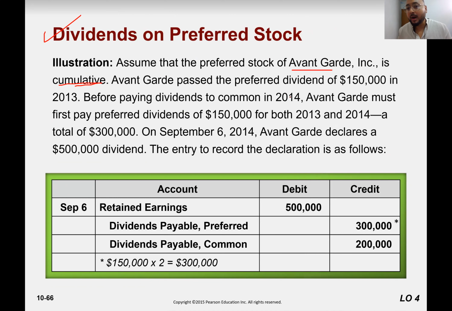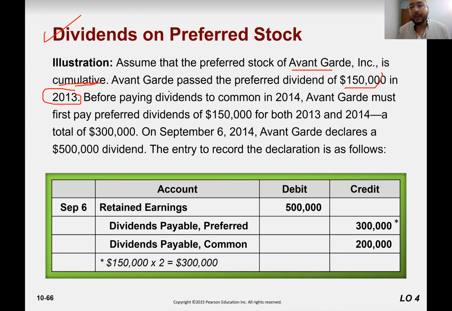So Event Guard passed the preferred dividend of 150,000, right? 150,000 here. In 2013, they didn't pay their dividend.